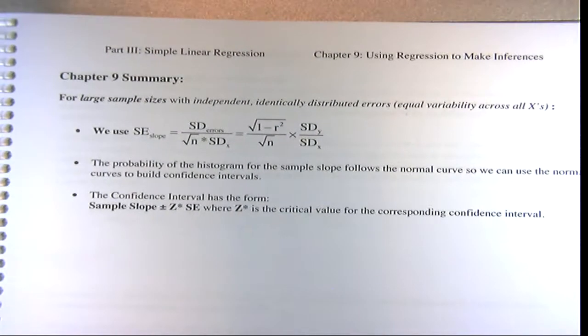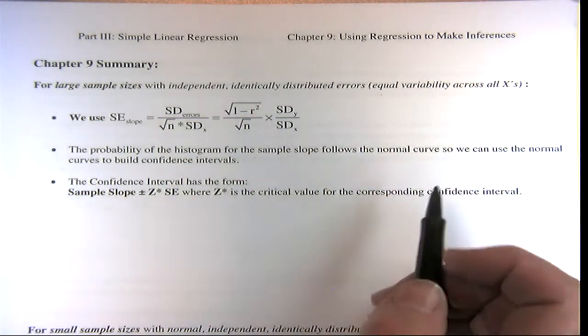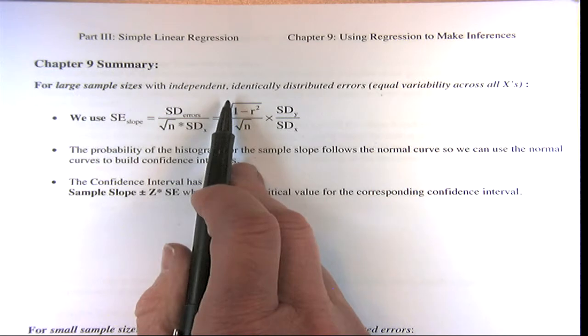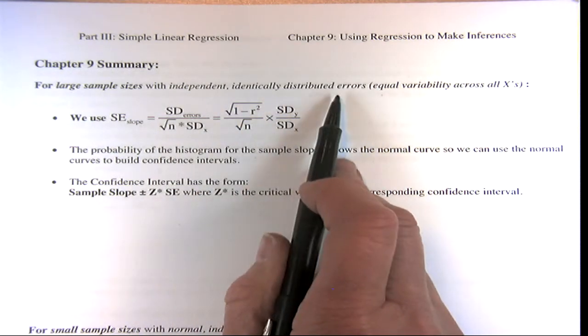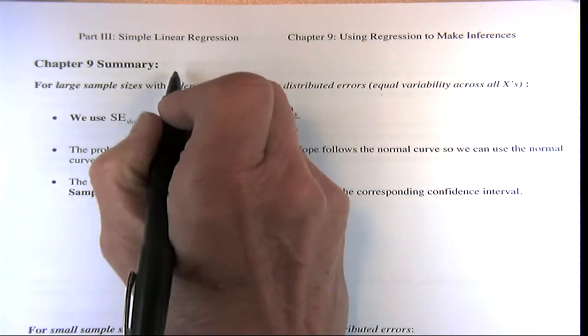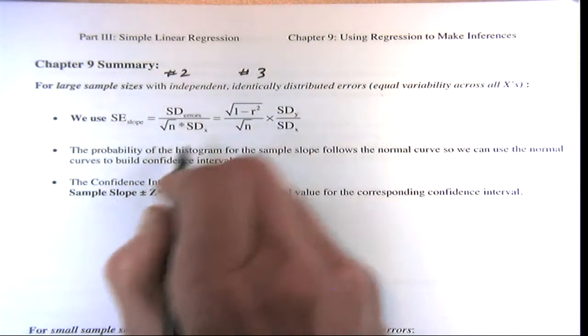So now we're at the summary here, and just let's look at the summary. So for large samples with independent, identically distributed errors, this is assumptions 2 and 3. So that's number 2 assumption and number 3 assumption.